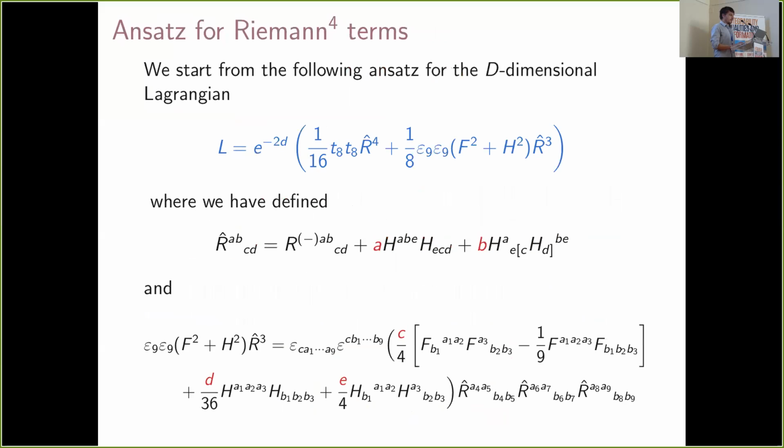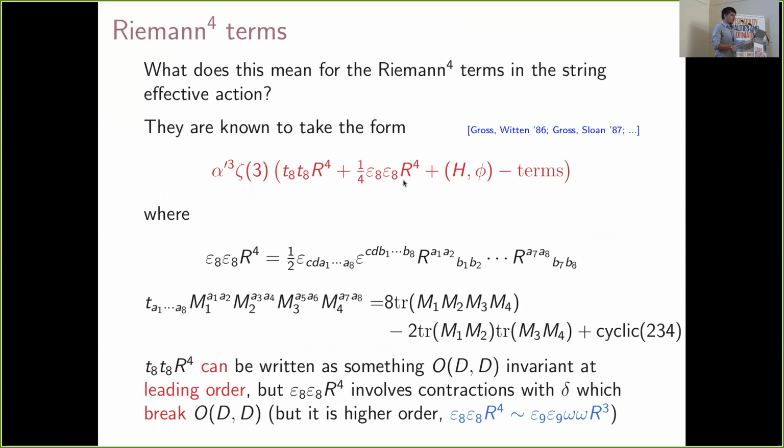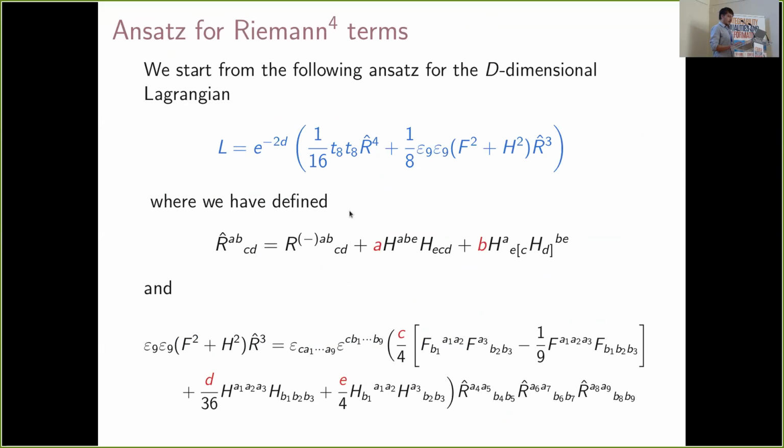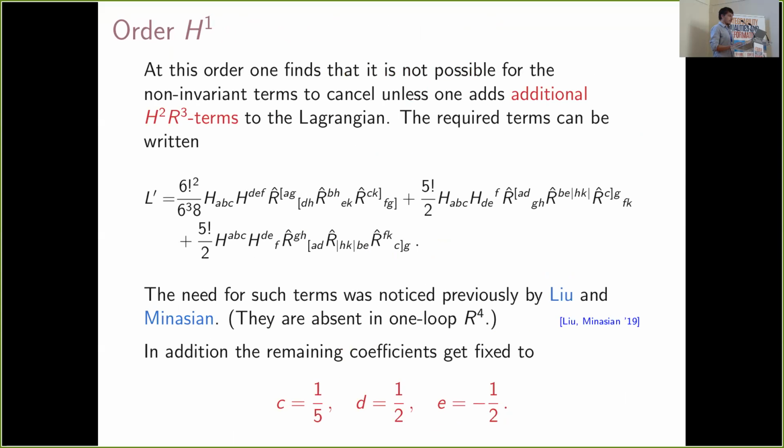the situation is a little bit funny because of the terms, these are the R to the fourth terms for the type 2B string. Basically because of the S-duality, they look the same at one loop, right? So they also take this form at one loop. Actually, for type 2A, there's a different sign here. But for type 2B, they take the same form. But what's funny is that when completing them, we found these terms, these H squared R cubed terms.